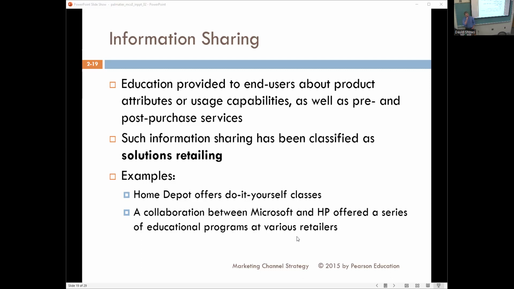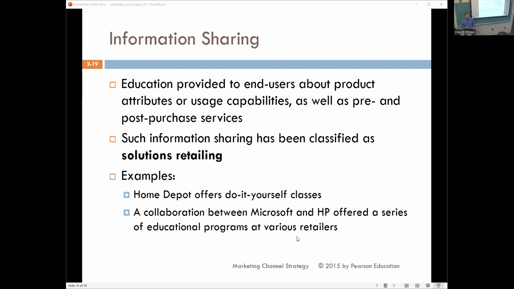By doing it like that, you put together a solution for them for under $20,000 that couldn't be bought for $100,000 maybe a year or two before. That's what solutions retailing is: the information sharing provides an answer to a question that may not necessarily be answered, but you're in the market for it.